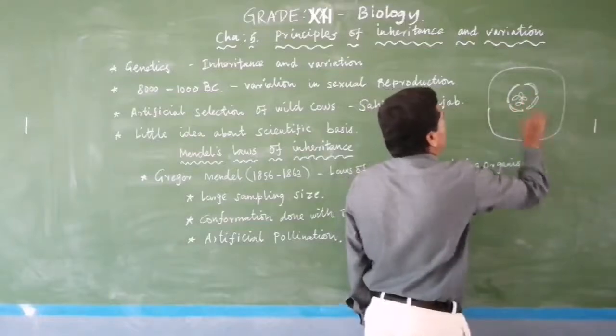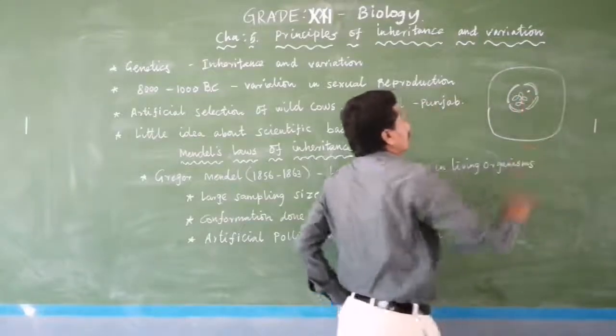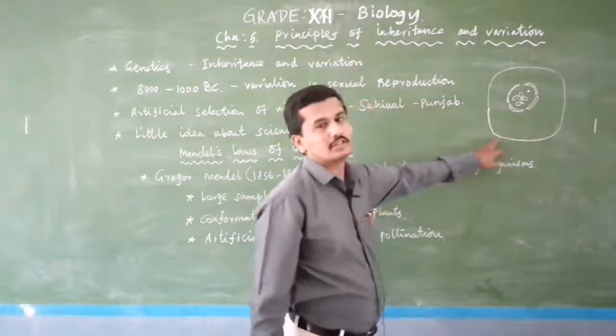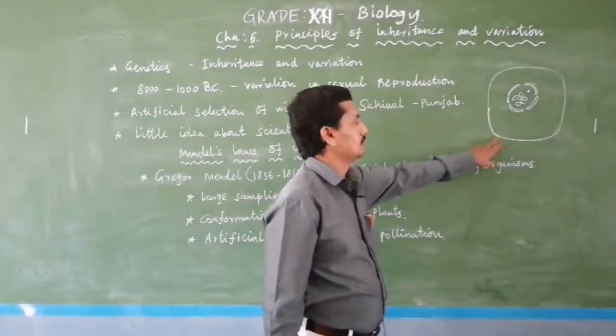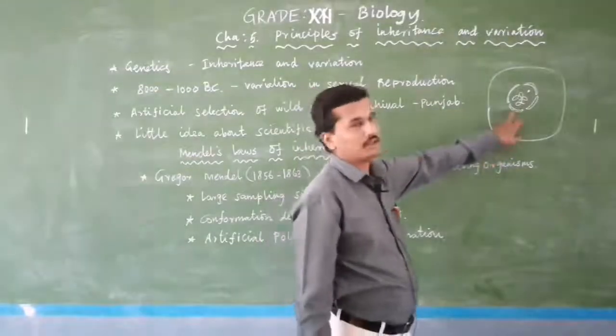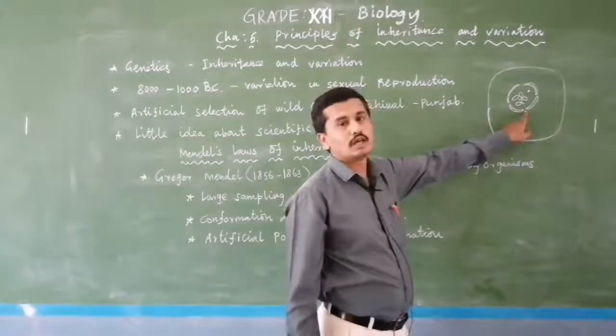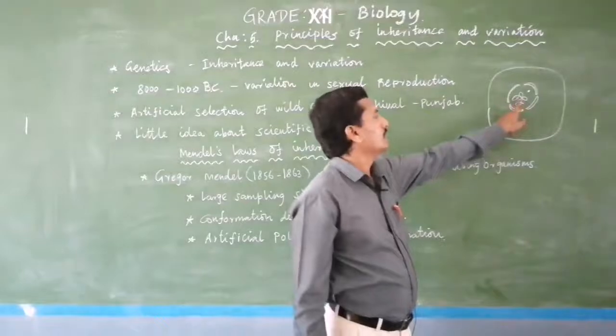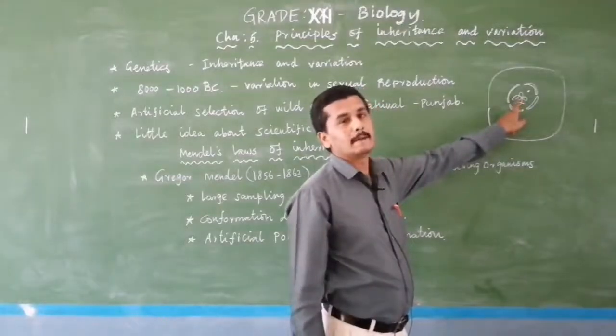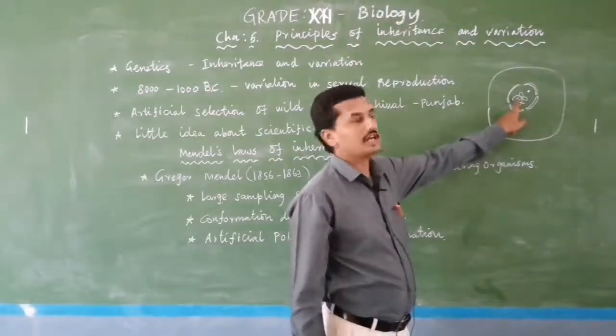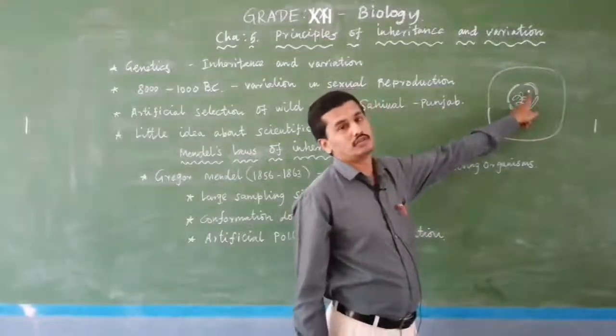This is the well developed nucleus. You already know the structure of the animal cell: cell membrane and the nucleus. The nucleus contains the nuclear membrane, nuclear pores, chromatin reticulum or chromatin thread, and the nucleolus.